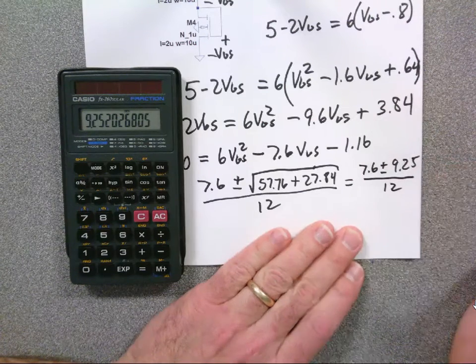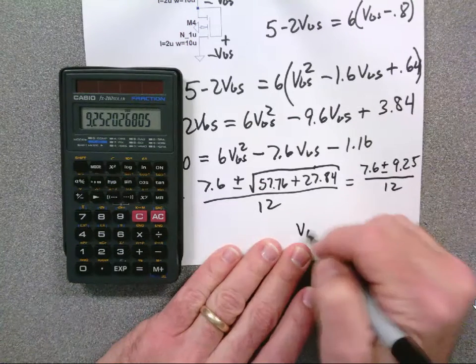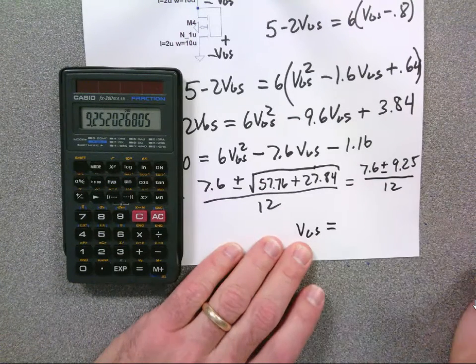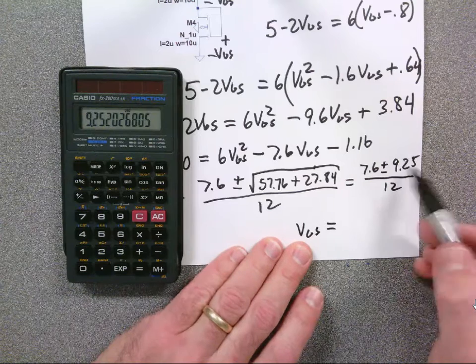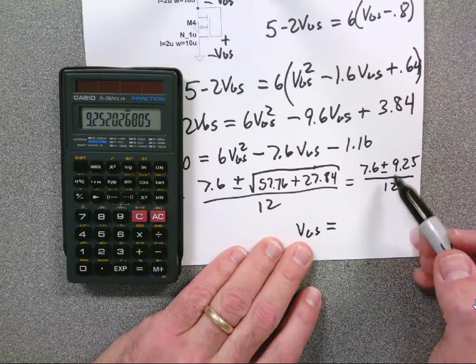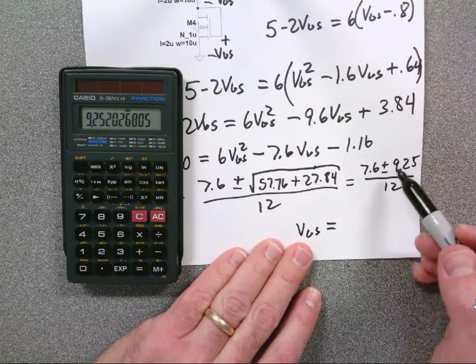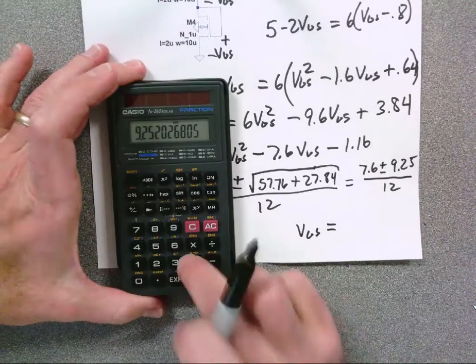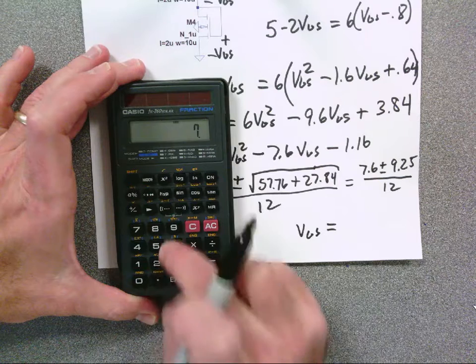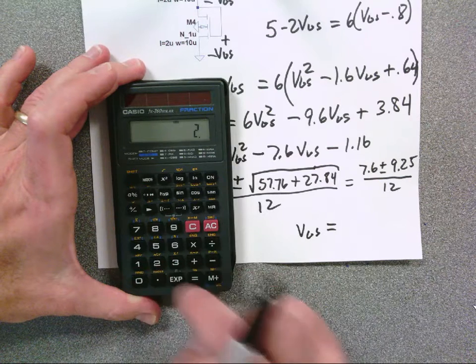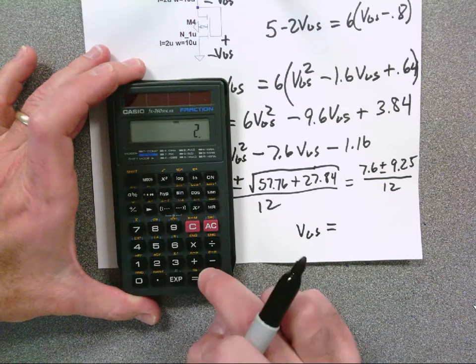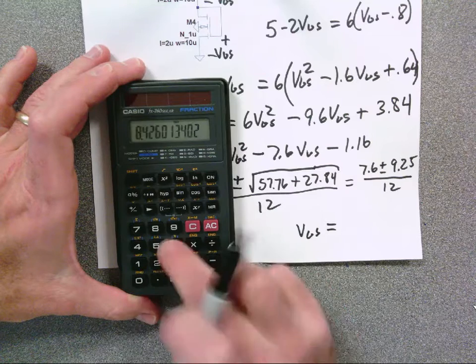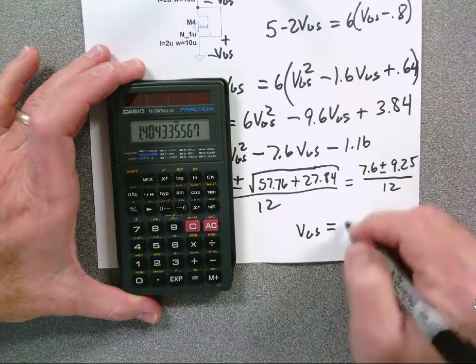Which root is it going to be and why? I don't want the negative because why? Negative VGS would be less than the threshold. So I'm going to put plus 7.6 equals, divide by 12, shoot, divide by 2, divide by 6, lazy, 1.4 volts.